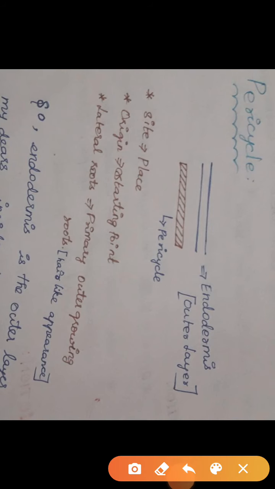Yes, my dear, this is a key for you. Site, place, origin, which means starting point. Lateral roots, which means primary outer growing roots, hair like appearance. Endodermis, the outer layer. It's a pericycle.